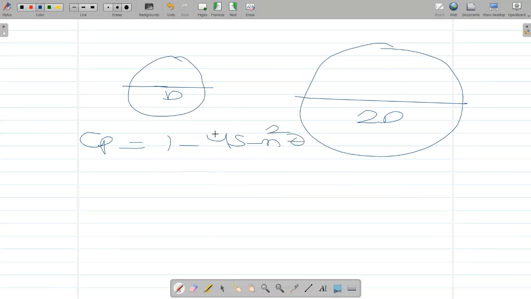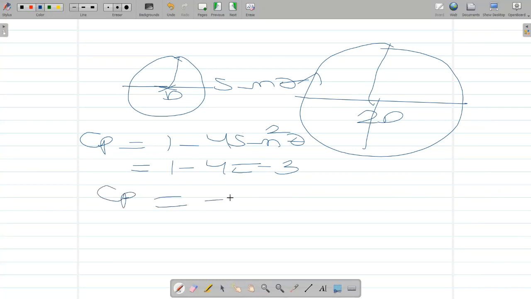The least value of Cp is when sine theta is equal to 1, where theta equal to 90 degrees, so these locations, theta equal to plus minus 90. That gives me 1 minus 4, and that is minus 3. So the least value of Cp is minus 3.